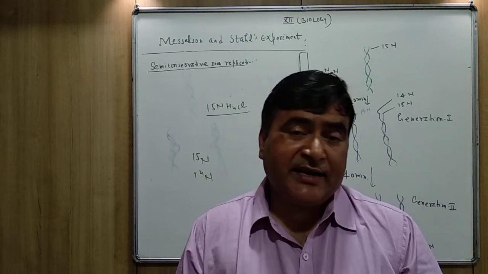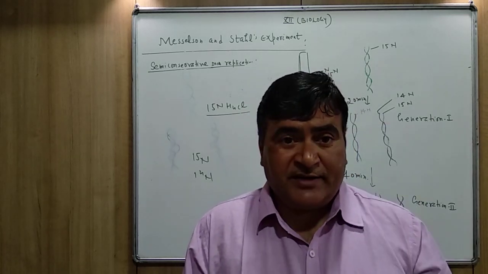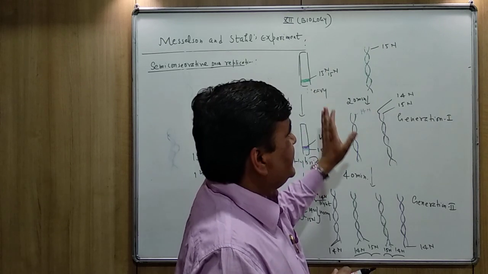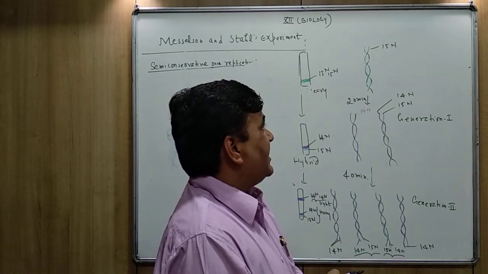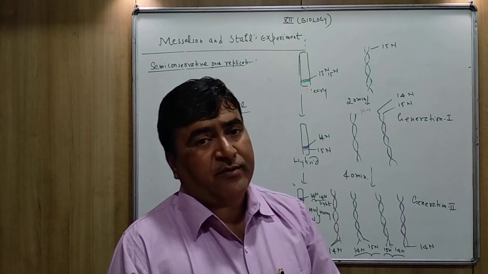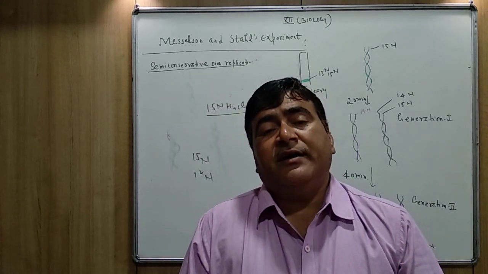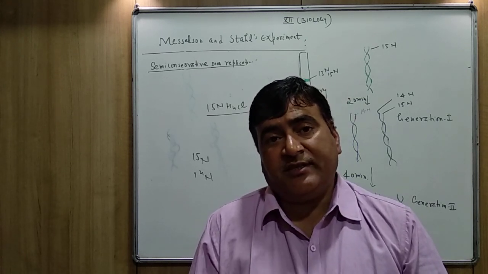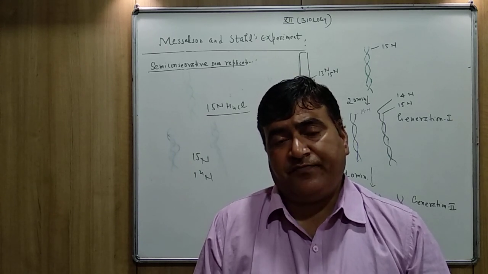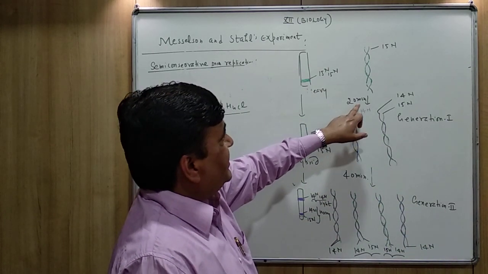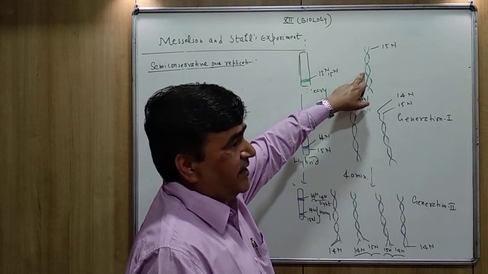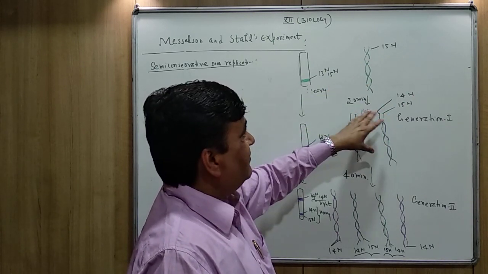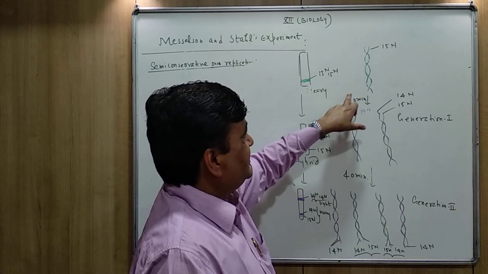Then, in the second step, he transferred these bacteria having 15N into a medium containing 14N ammonium chloride, that was the lighter isotope of nitrogen, or you can say the normal isotope of nitrogen. And after 20 minutes, when he added the 15N E. coli bacteria into the fresh medium containing 14N, they have been multiplied.